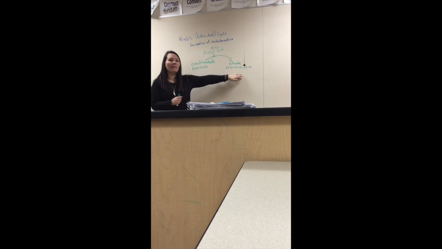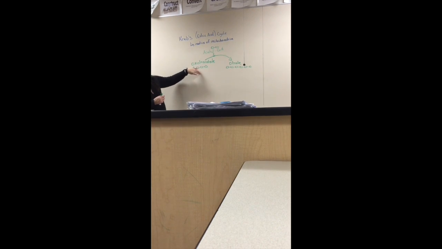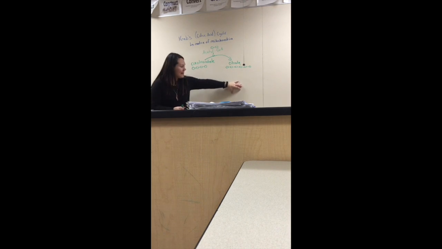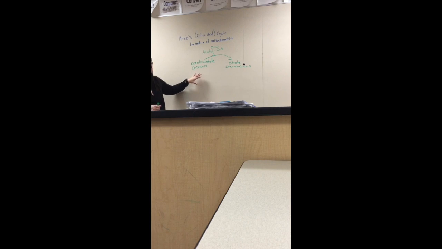Does it have more potential energy? It has a greater potential energy because this is the molecule that we form in the end, right? After all of the energy's been removed throughout this cycle, and we'll see that energy in a minute, as it's been removed, then this is left.